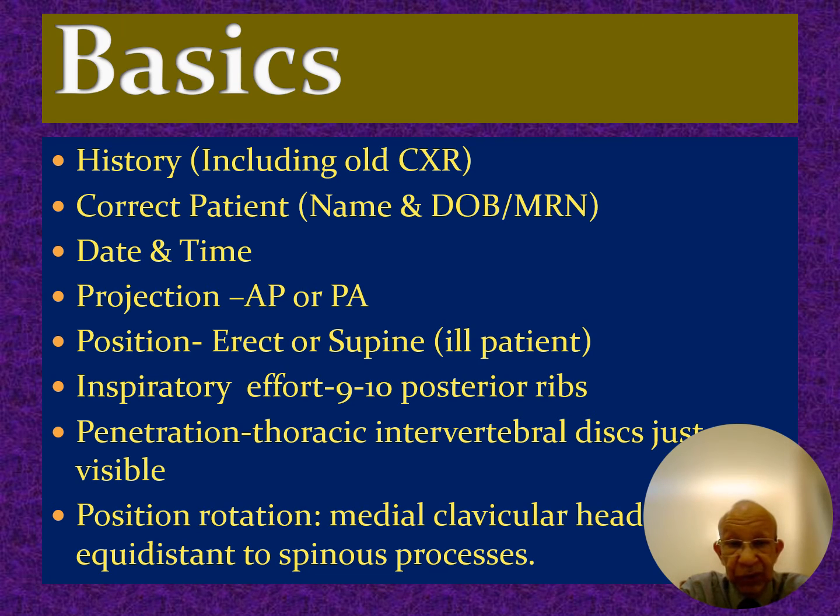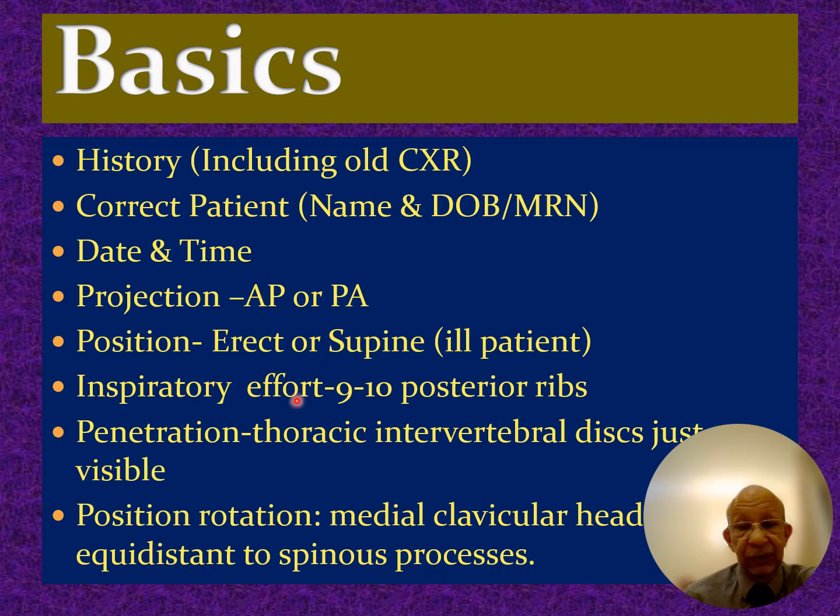Then the projection: is it an AP or PA film? An anterior posterior film makes it difficult to interpret the cardiothoracic ratio. And look at the position, erect or supine. A supine film means that the patient is ill.